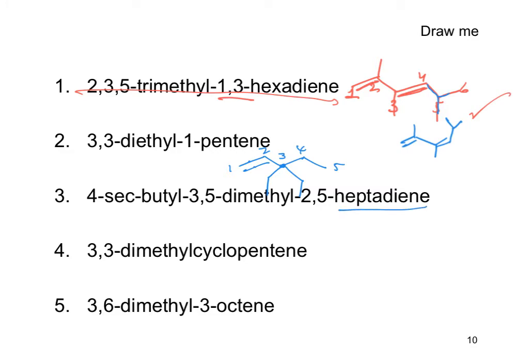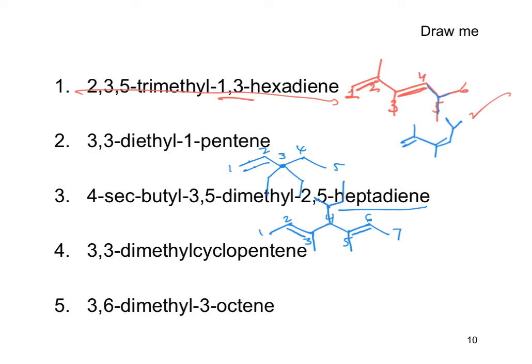The next one is heptadiene. 1, 2, 3, 4, 5, 6, and 7. 2 and 5 is where I have the double bond. Position 3, position 5 is where I have the methyl. The 4th position has the sec-butyl.